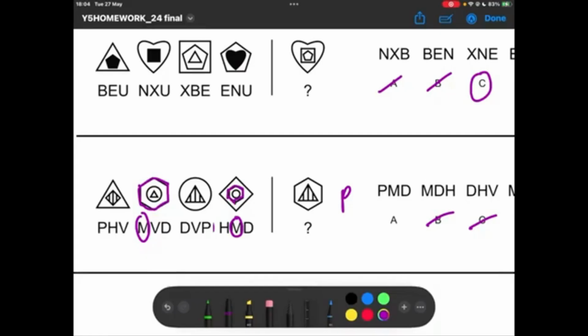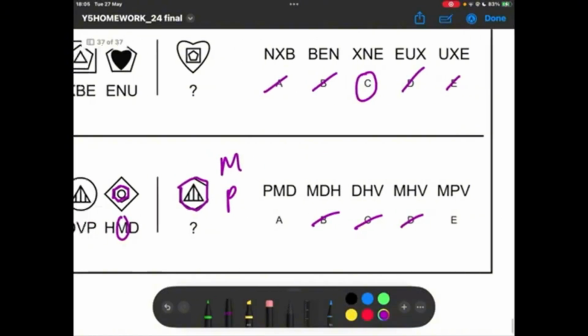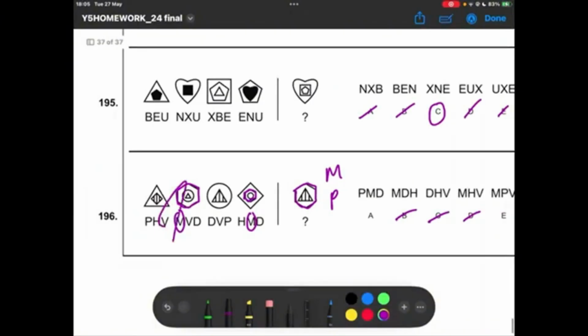None of the rest have a hexagon. Sorry, yeah, that is M. So the M must mean hexagon. This does have a hexagon in, so it must have an M in it. So both the answer options do.